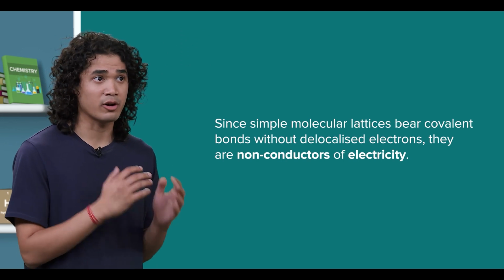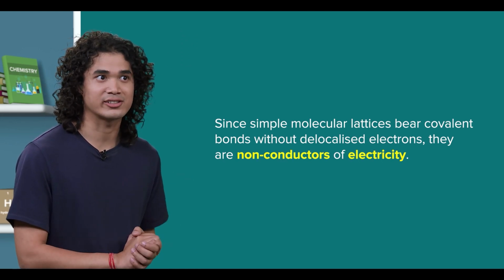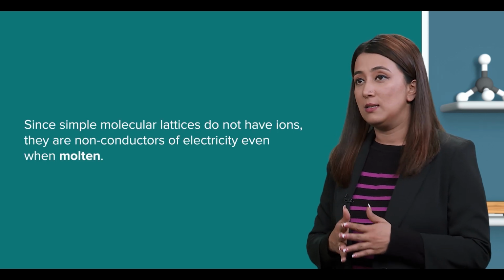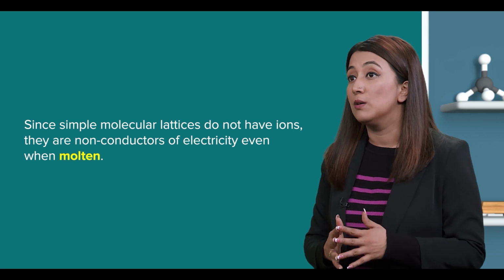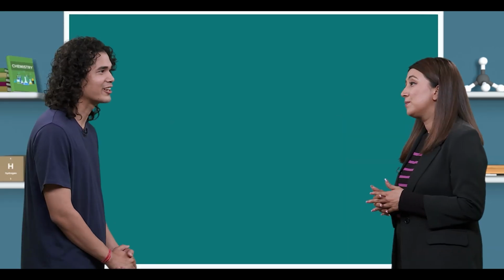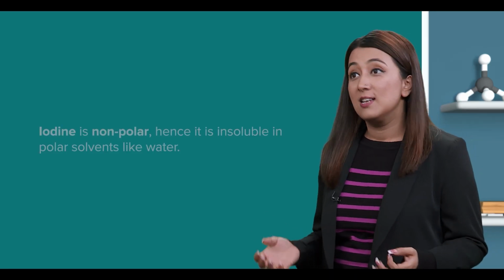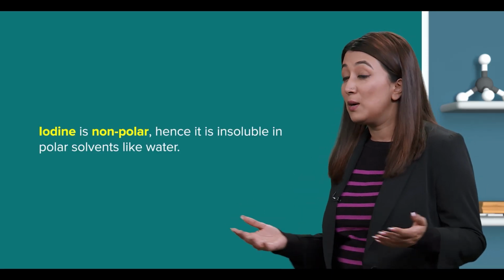Since they have covalent bonds without delocalized electrons, they are non-conductors of electricity. Correct. In addition to that, simple molecular lattices also can't conduct electricity even when molten because they don't have the ions. Got it, teacher. How about their solubility? The same rule sticks. Since iodine is nonpolar, it is insoluble in polar solvents like water.